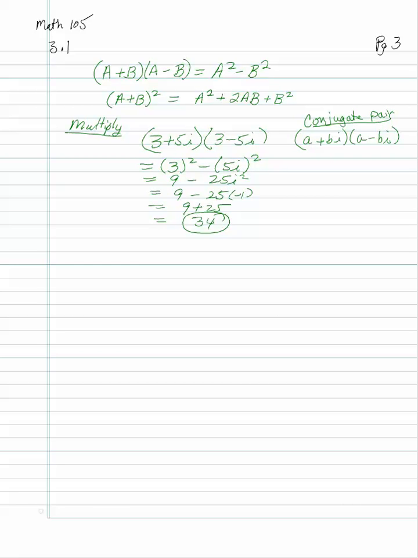So we would say a minus bi is the complex conjugate of a plus bi, or a plus bi is the complex conjugate of a minus bi. So either way, conjugate pairs. Now, again, if you follow the shortcut, it's going to be a squared minus bi squared. So that's going to be equal to a squared plus b squared, if you just do the shortcut.